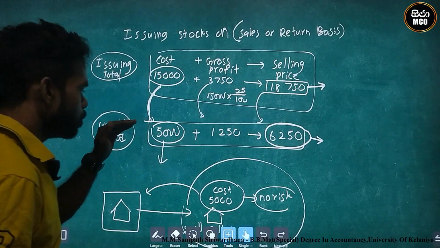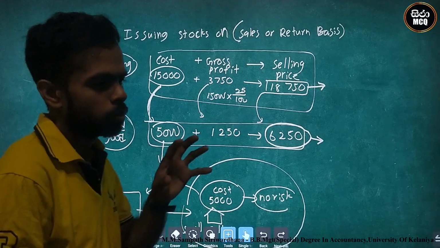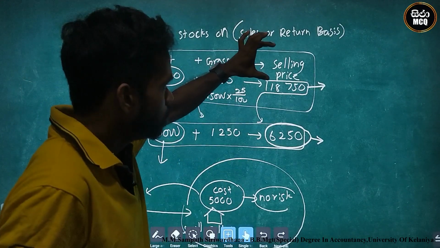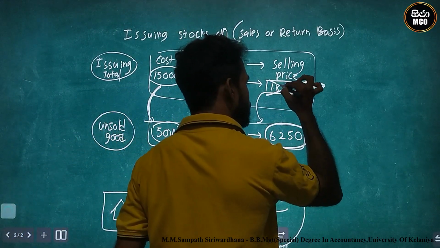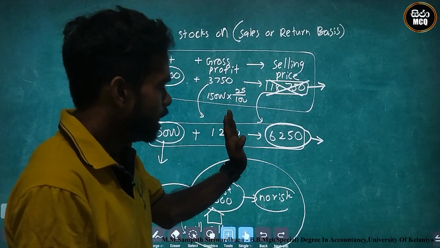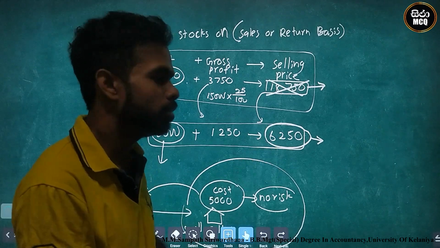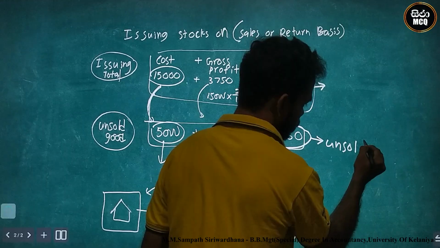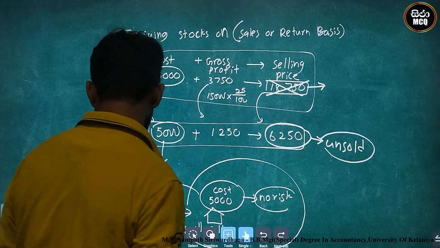The closing stock was impacted 5,000. Why? Cost is impacted to closing stock, and the total sales value is not 18,750. The actual one is without 6,250. Why? This is unsold. Therefore, we must eliminate these from sales.